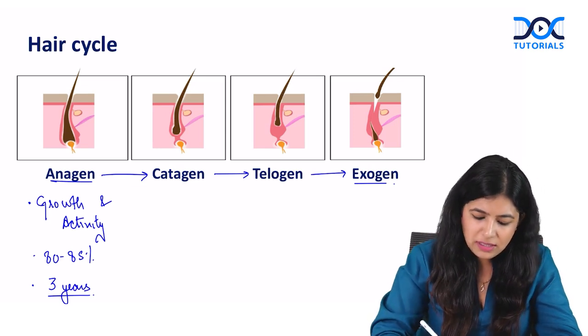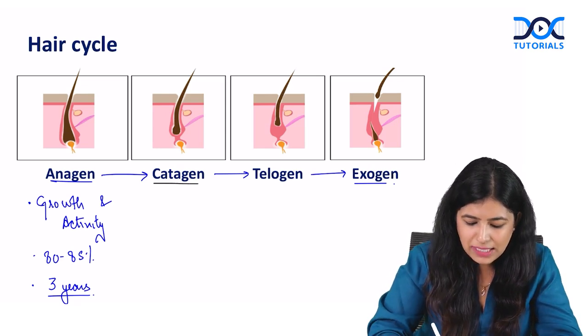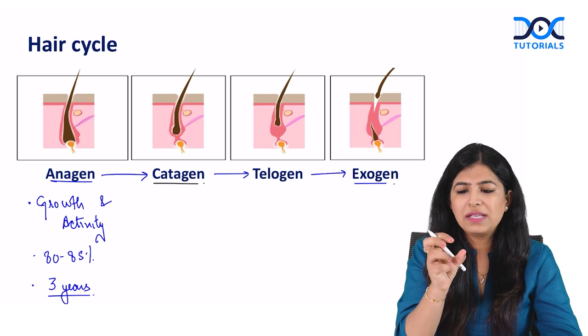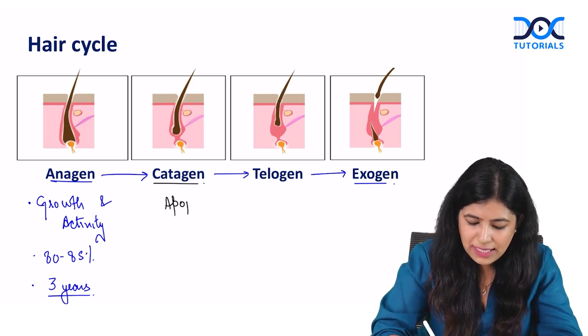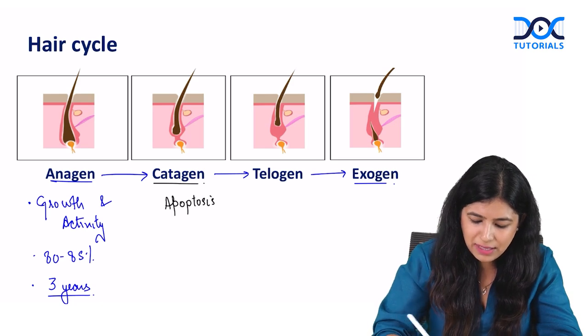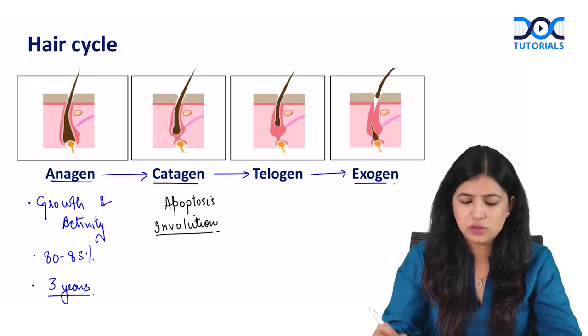From the anagen, the hair goes into the catagen phase. C for catabolism. So this is the phase where everything is broken down. There is a lot of apoptosis happening, which leads to involution of the hair. So this is the phase of involution.